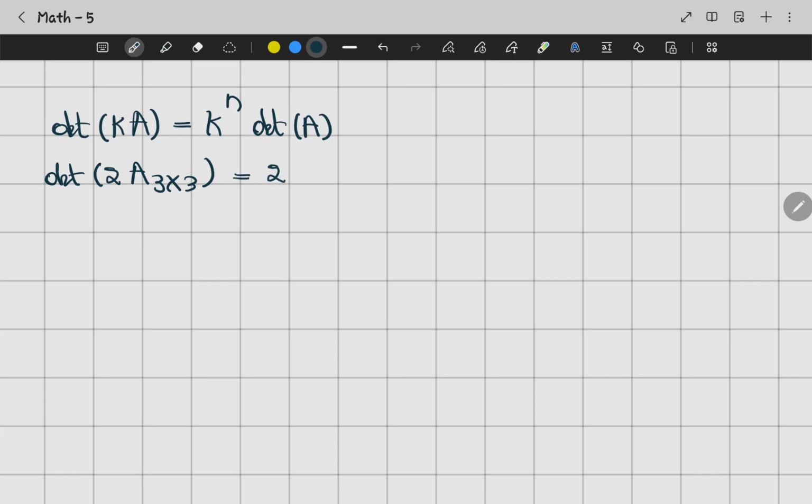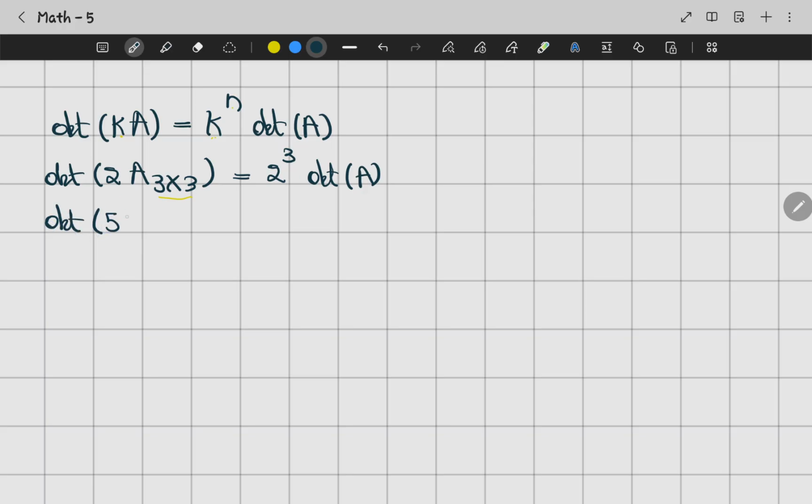So the answer to this will be K, which is what you see inside, and n is the size of the matrix, which will be 3. That's the size of the matrix. Times the determinant of A.